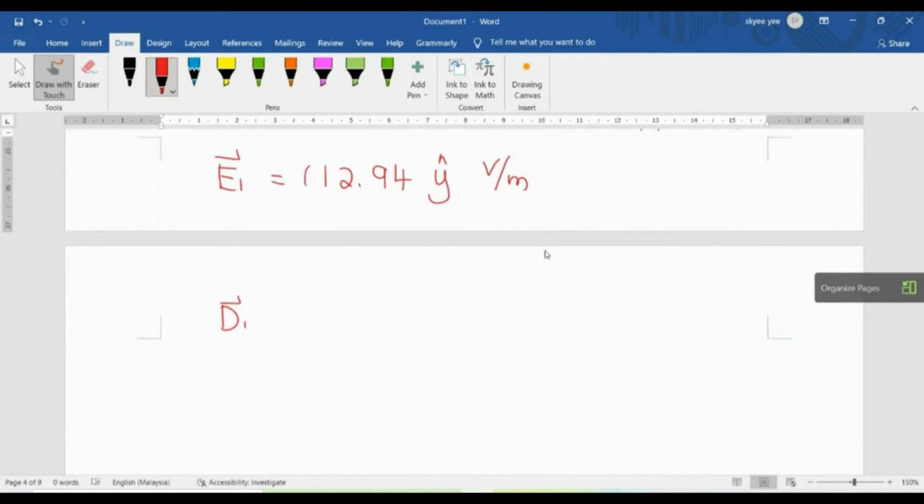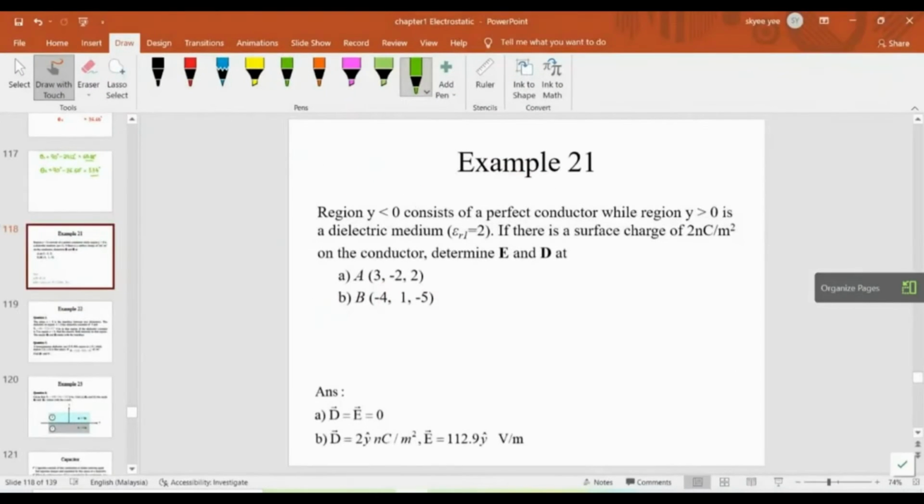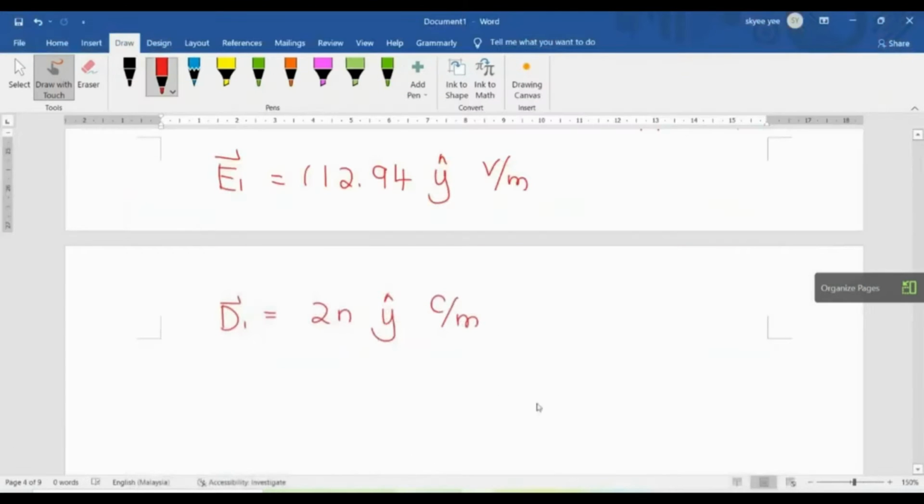So you just put here 2 nano in the Y direction. The unit is coulomb per meter square.